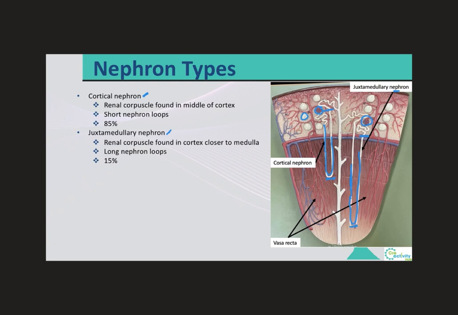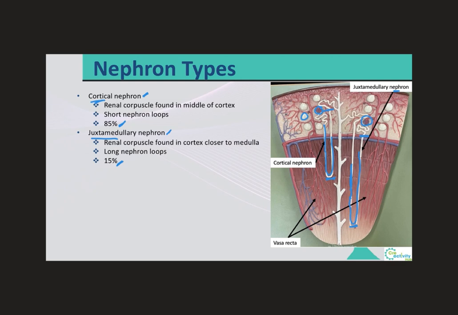In addition, we have way more cortical nephrons than juxtamedullary nephrons. In fact, 85% of the nephrons are cortical nephrons, and just 15% are juxtamedullary nephrons.